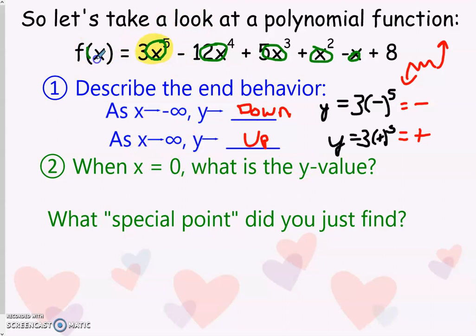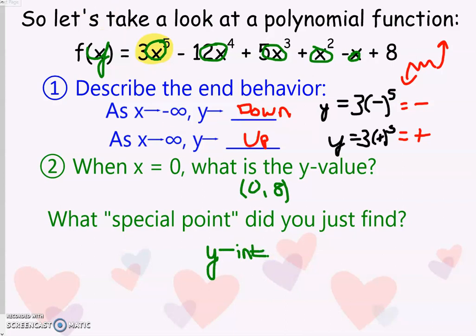Well, this is my y. y equals 8. So that gives me the point (0, 8). And what is this special point (0, 8)? Well, (0, 8) is the y-intercept.